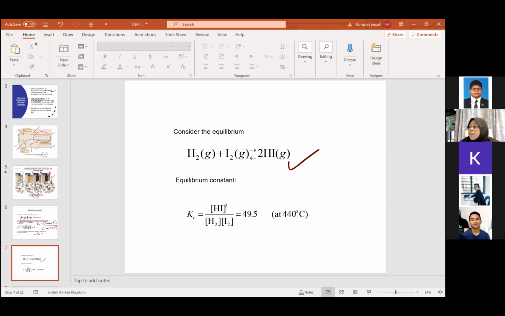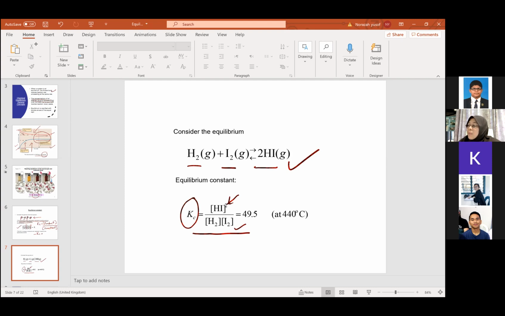We can also say that it can be degradation of hydrogen iodide into hydrogen and iodine, because this example is also being used during kinetics. So the equilibrium constant can be written in this way. 2, because of the stoichiometric coefficient, and Kc can be expressed as concentration of product over concentration of reactant.